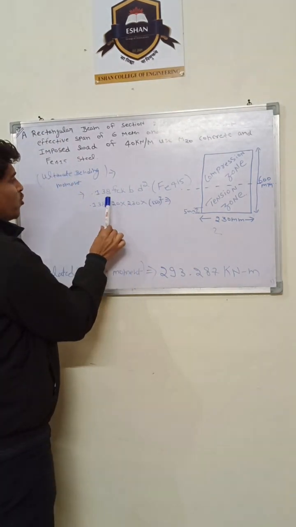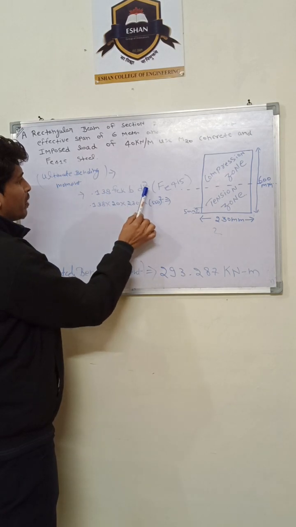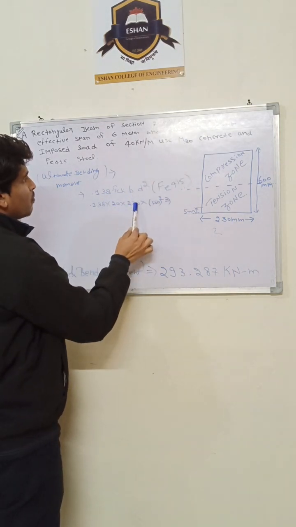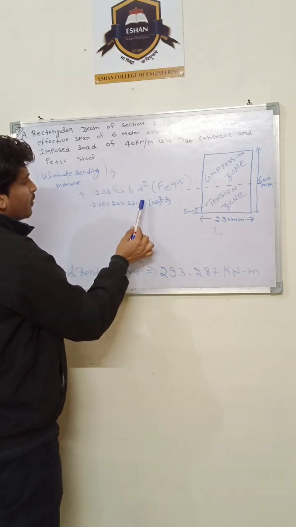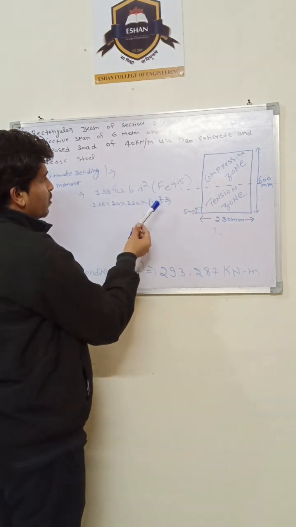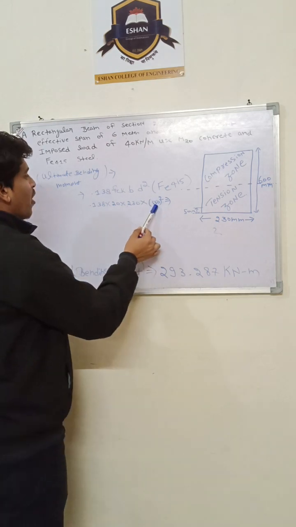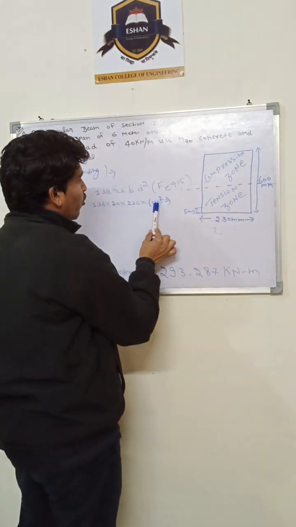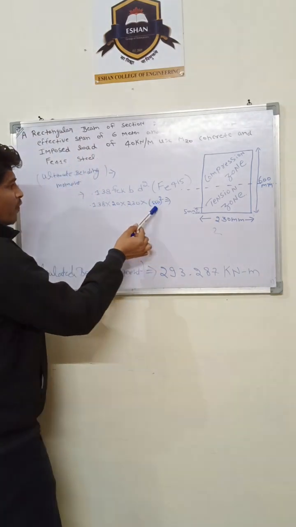Apply these values into the formula. The formula is 0.138 fck bd squared. So 0.138, fck is M20, so 20, b, the width of the beam, is 230, and this is the small d, which is 550 mm. 600 is the overall depth, and this is the calculated effective depth, which is 550 mm.